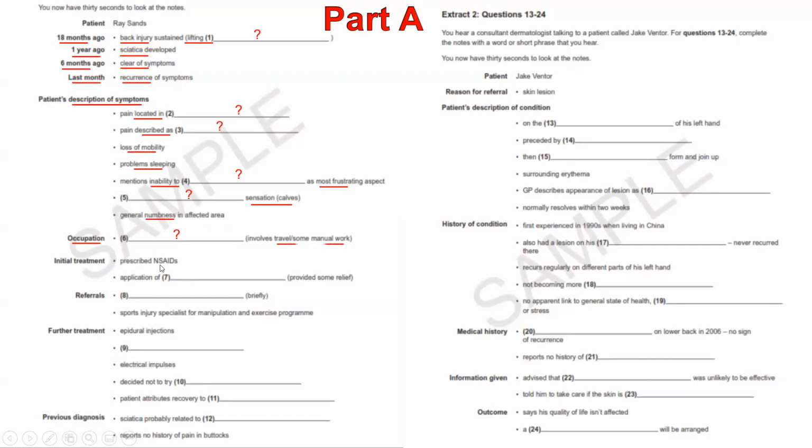Initial treatment prescribed non-steroidal. Application of something provided some relief, so it will be a medication. Then referrals to maybe another specialty or a doctor. Here we have sports injury specialist for rehabilitation and exercise program.